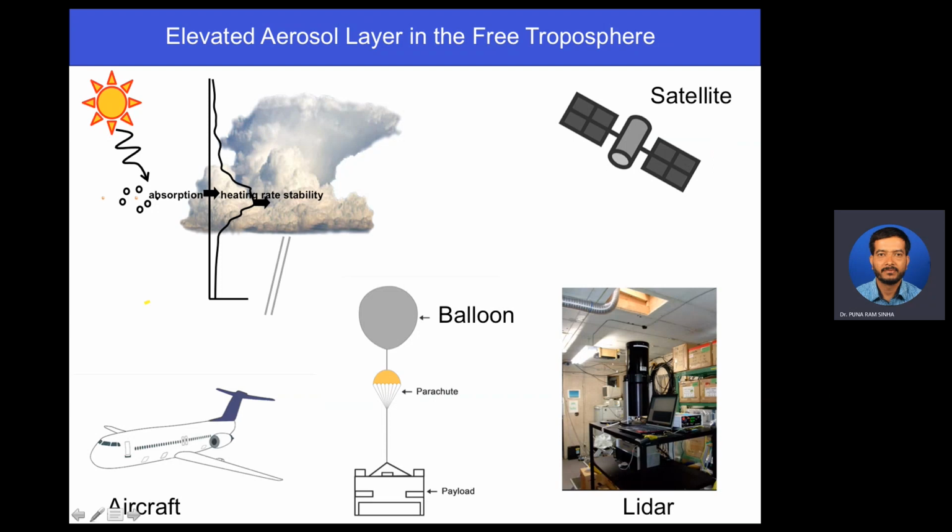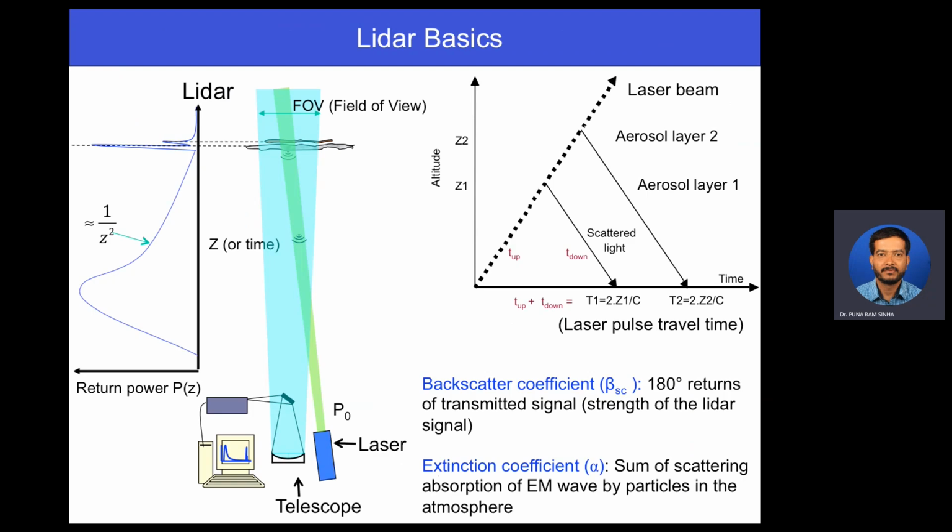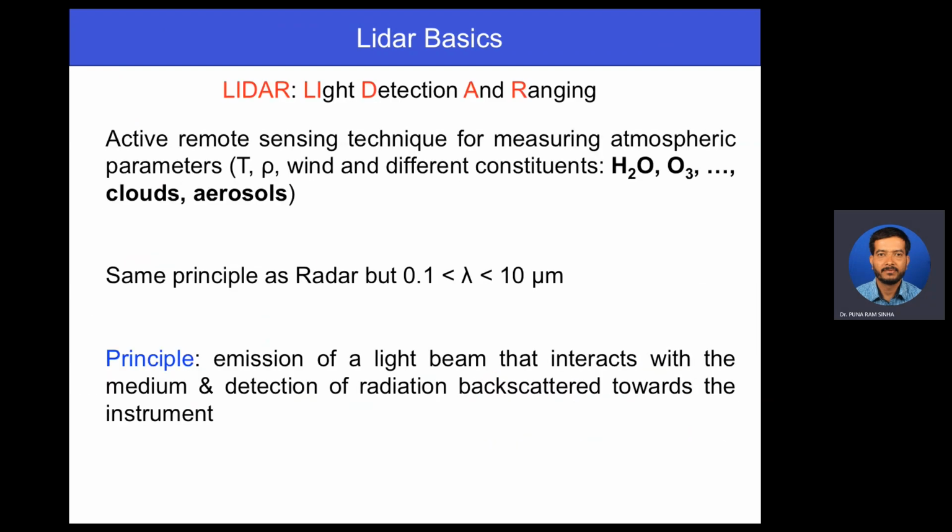So obviously, the LiDAR serves as the best instrument to provide high temporally resolved vertical distribution of aerosols. So what is LiDAR? LiDAR is basically an active remote sensing technique, which is very similar to radar.